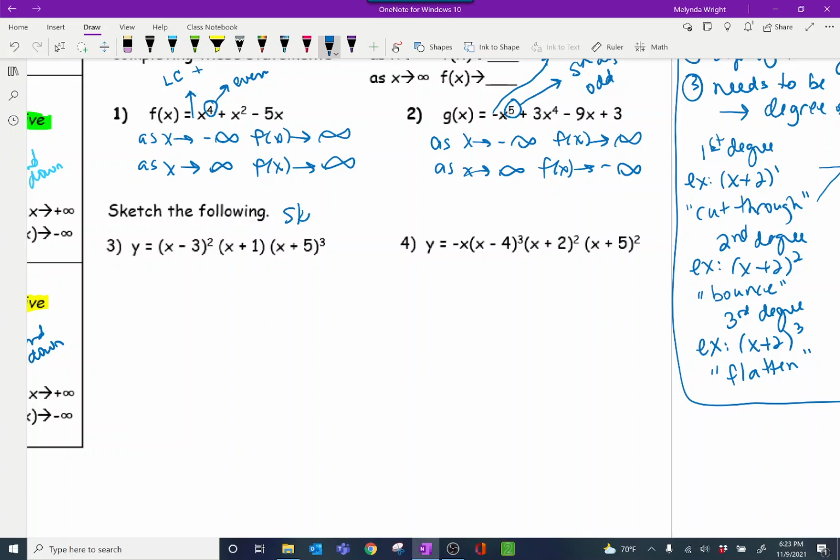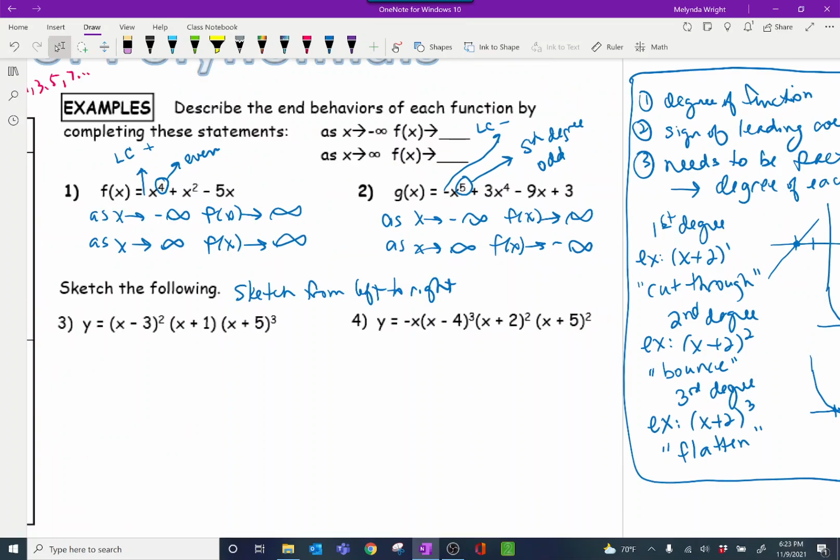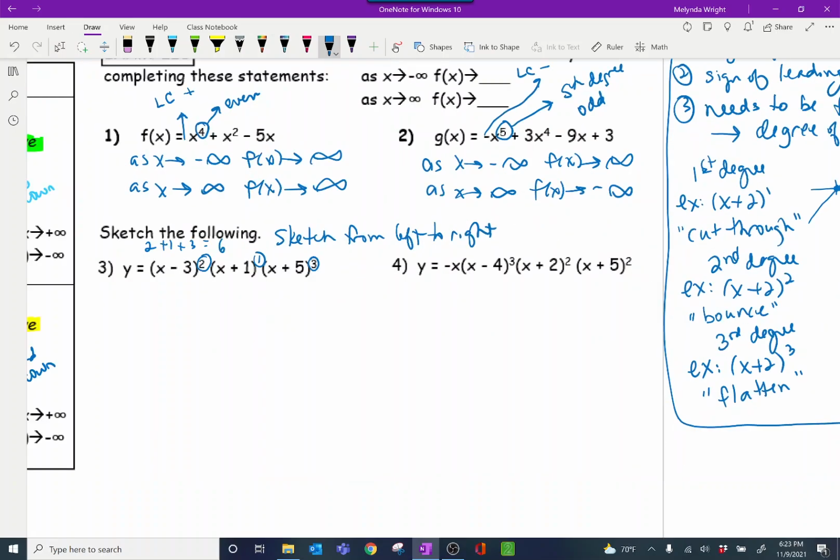Okay. So let's look at our guidelines. So we need to see the degree of the function, the sign of the leading coefficient. Okay, so let's look at the degree. So remember, this is factored, so we're going to have to add this up. So 2 plus 1 plus 3. So that's 6.